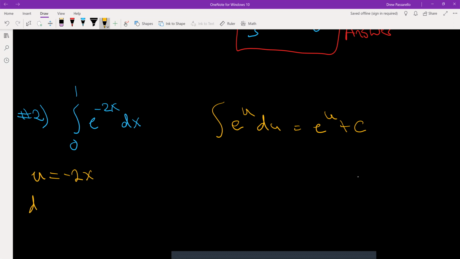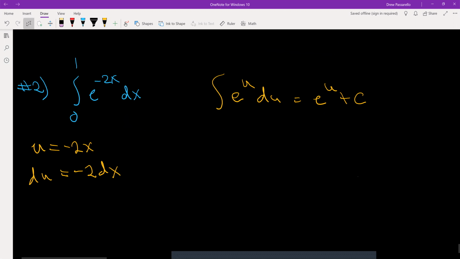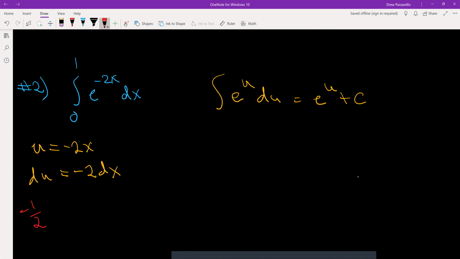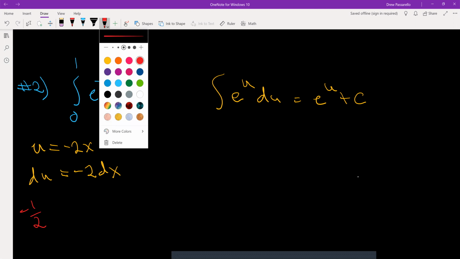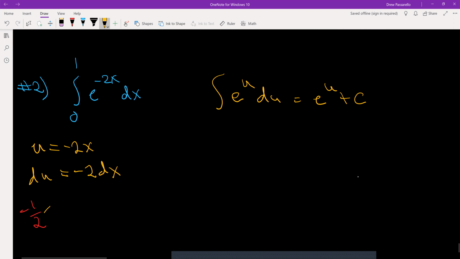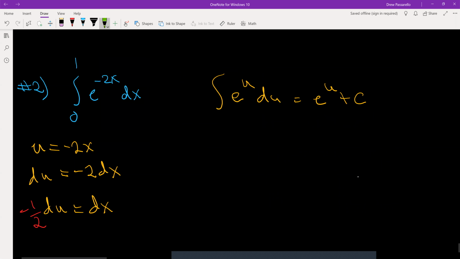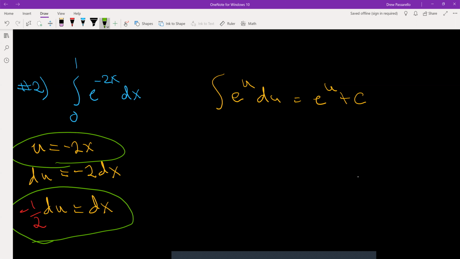So du is negative 2 dx. And then I multiply both sides by negative 1/2. So you have negative 1/2 du equal to dx. All right, so then I'll plug negative 1/2 du in for dx, and then I'll plug u in for negative 2x.